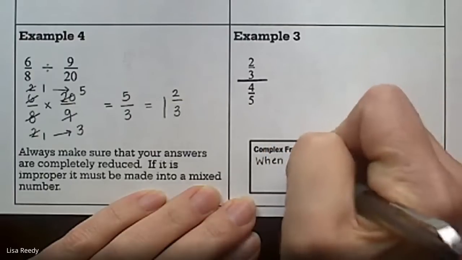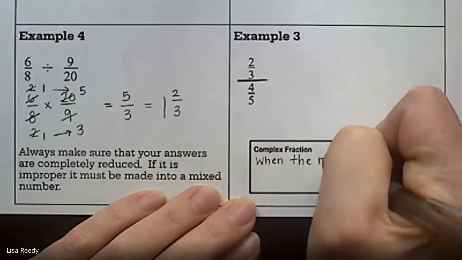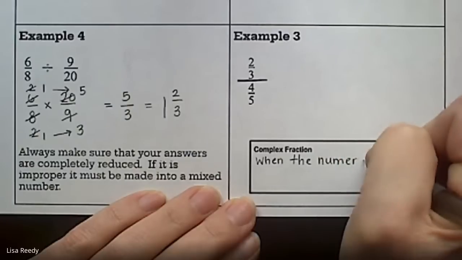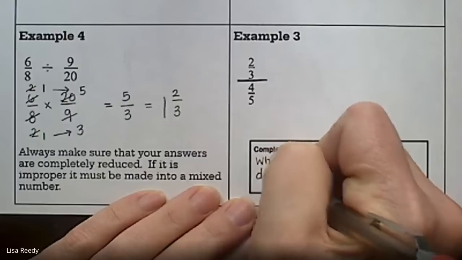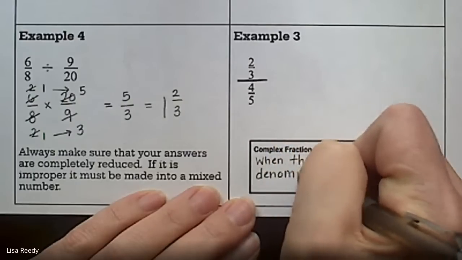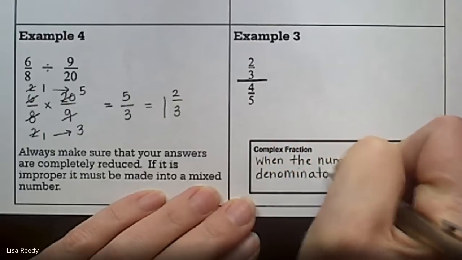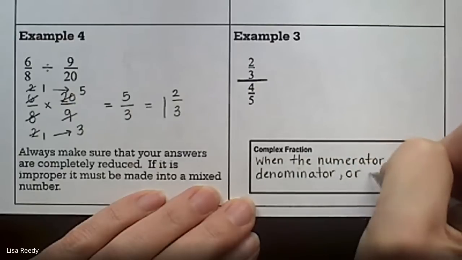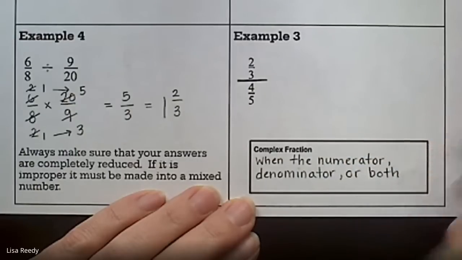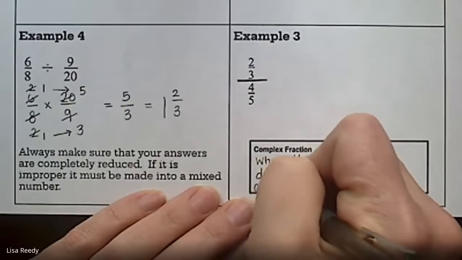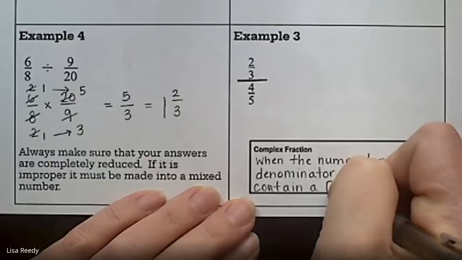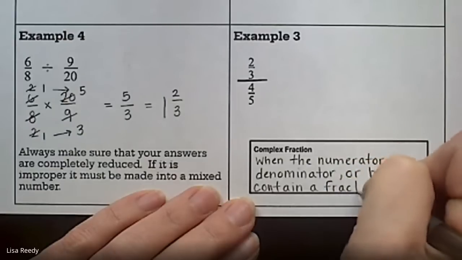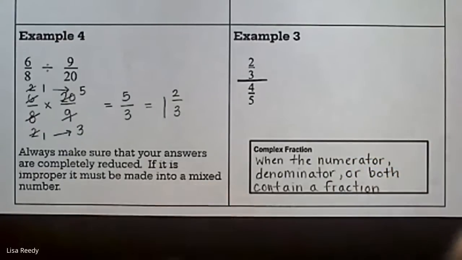So a complex fraction, just to say it better, is when the numerator, denominator, or both contain a fraction. And like I said in this one, they both do.